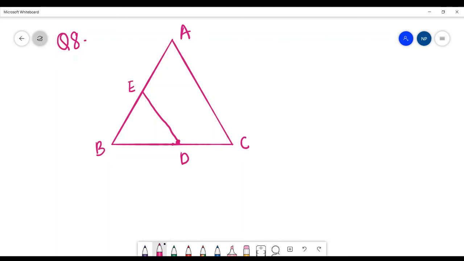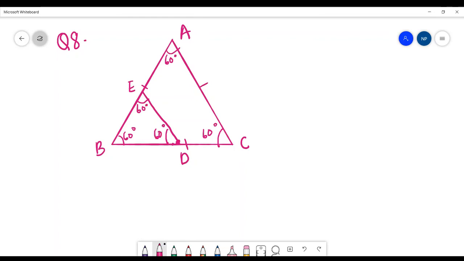Now both the triangles are equilateral. That means all the angles will be what? It will be equal to 60 degrees. Right? All the angles will be of 60 degrees and the sides will be equal.